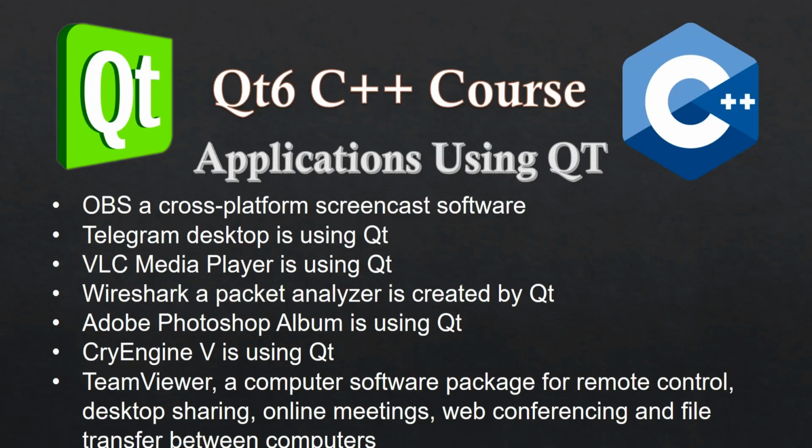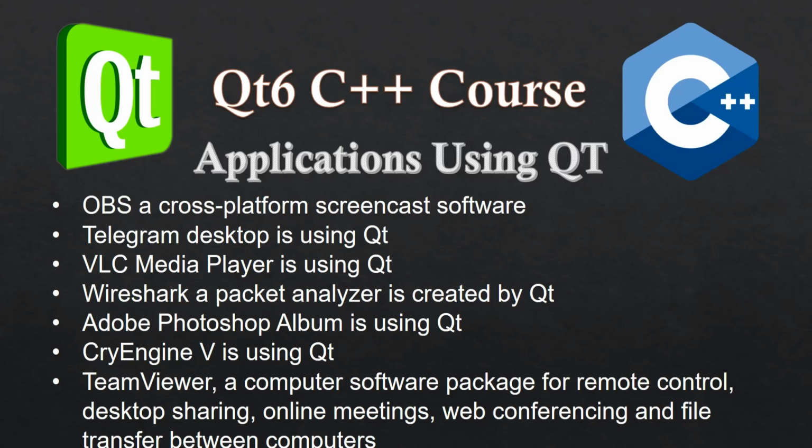Now let's talk about applications that are using Qt. There are a lot of applications using Qt, but I'm going to name just some of them. For example, we have OBS, a cross-platform screencast software. Telegram desktop is using Qt. VLC Media Player is using Qt. Wireshark, the packet analyzer, is created with Qt. Adobe Photoshop Album is using Qt.